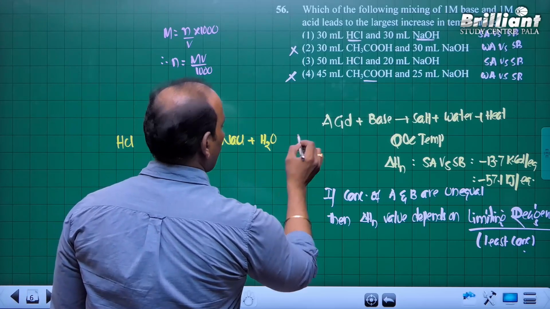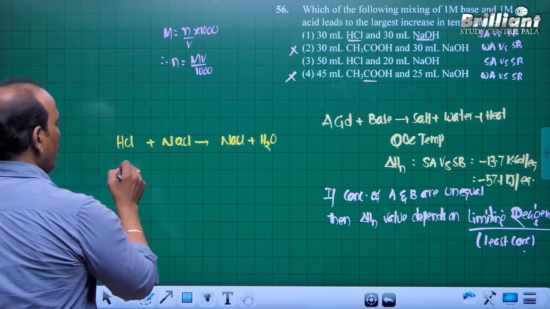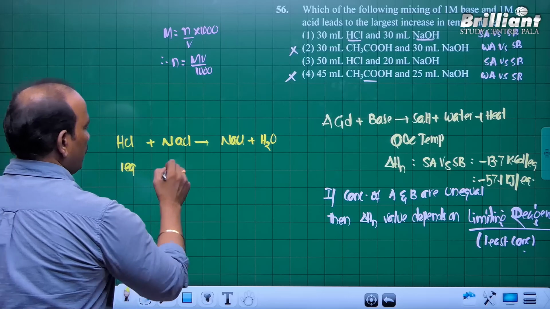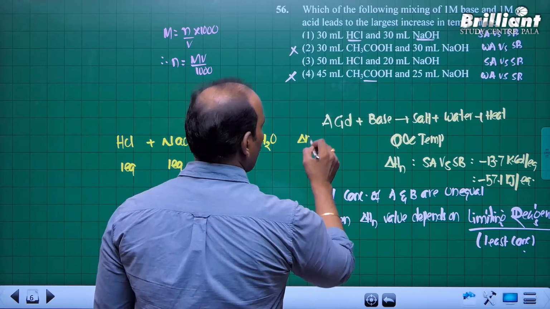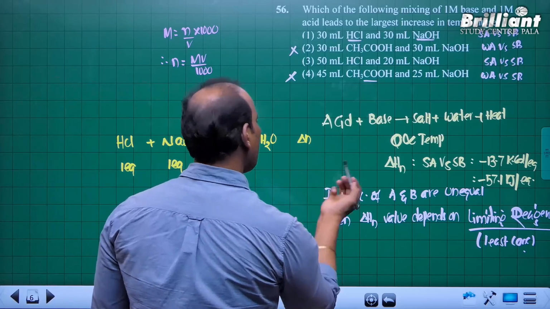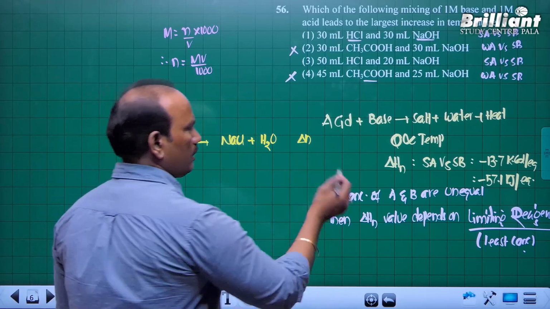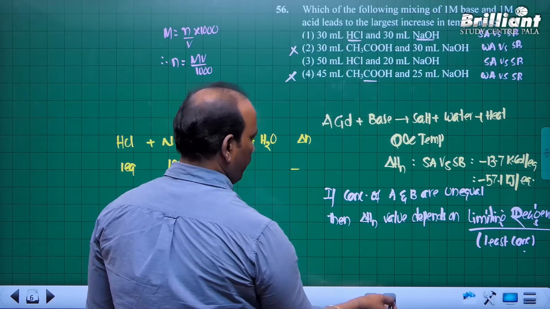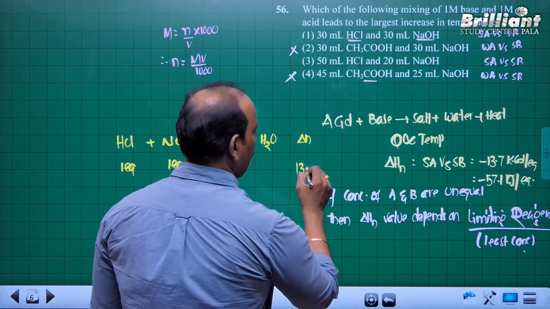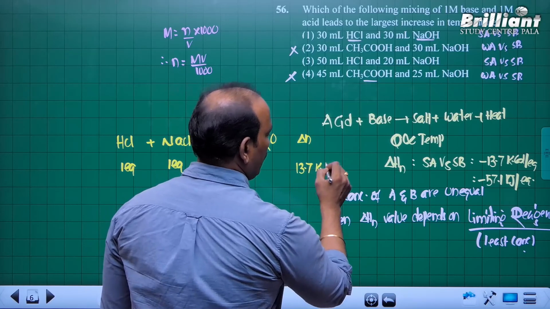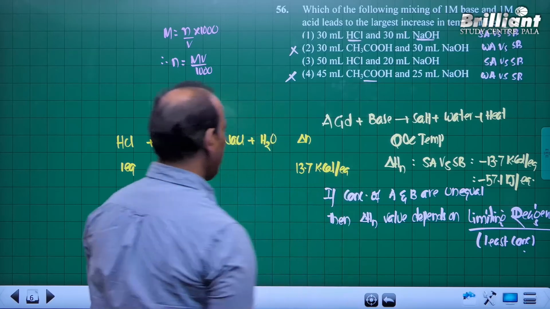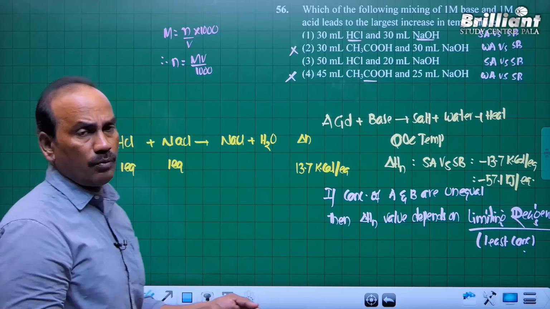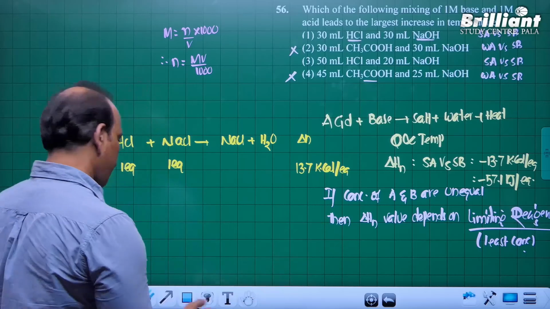Then heat of neutralization, this is one equivalent. The heat of neutralization value I'm taking as X, that is our choice, 13.7 kilocalorie per equivalent. So here n-factor equals 1, mole equivalent, both are same.